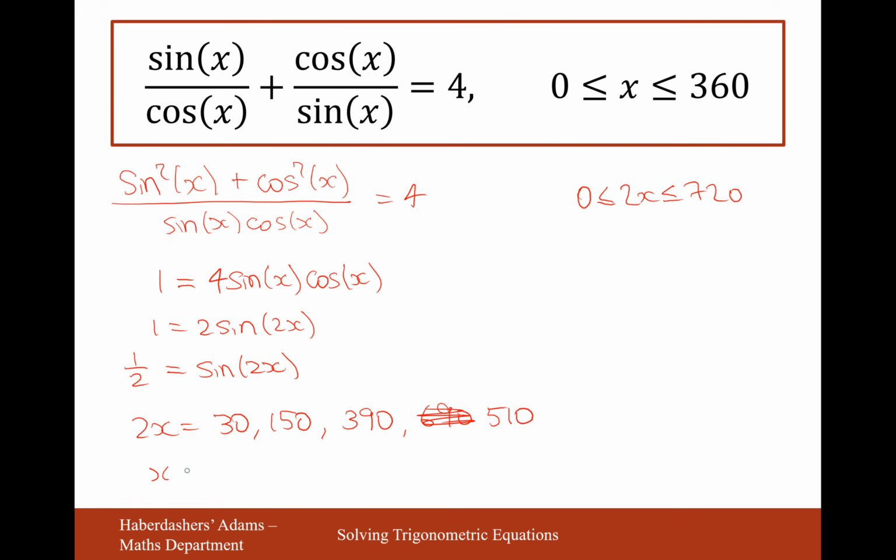So then x is going to equal 15, 75. 390 divided by 2 is 195. And 510 divided by 2 is 255. So there we are. These are the 4 answers for this equation here.